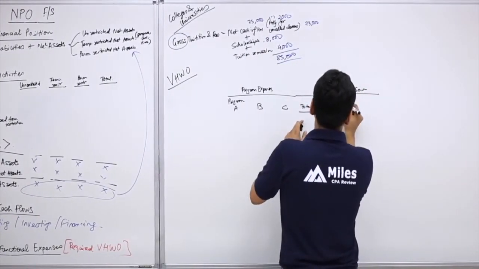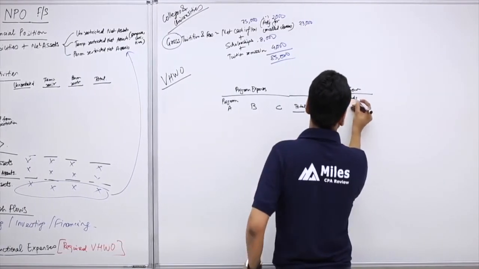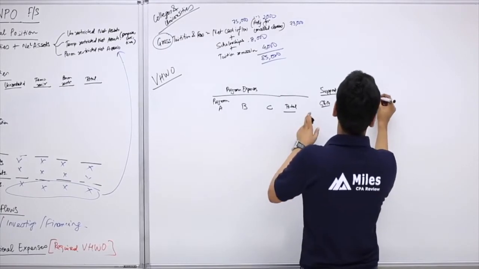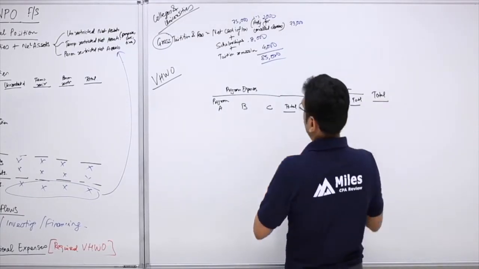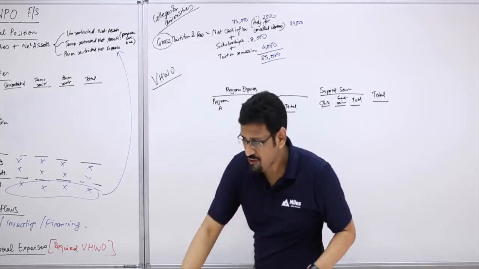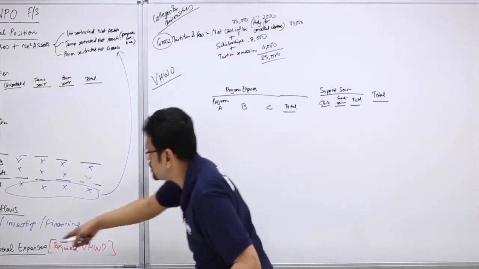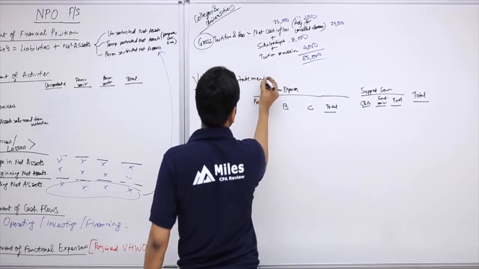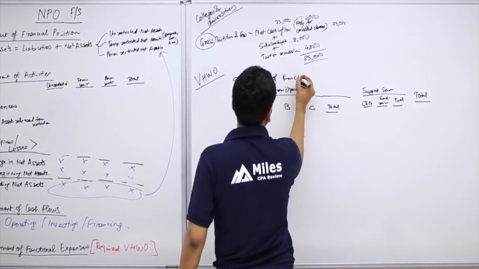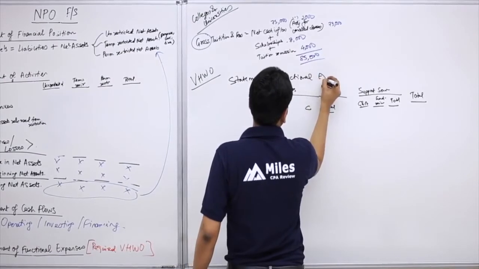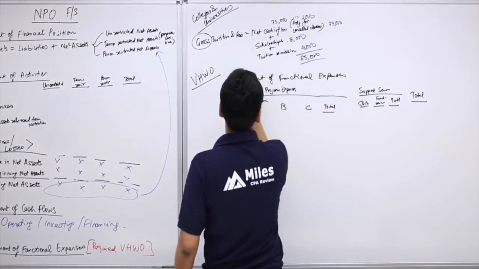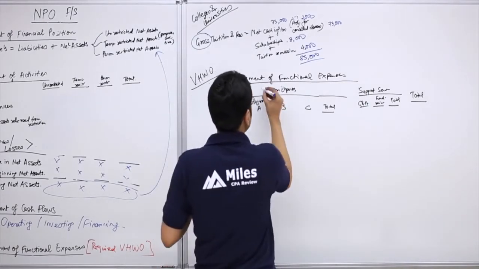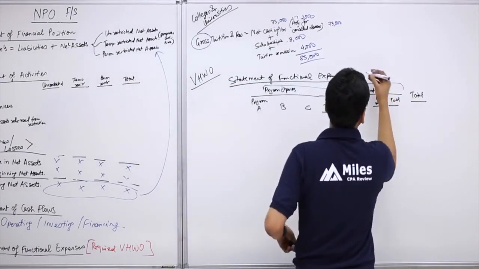Then they have support services, G&A and fundraising, which gives you the total of support services, and then a grand total of all expenses. So that's the functional classification on your statement of functional expenses. So this is the statement of functional expenses, and here we're looking at this functional classification.